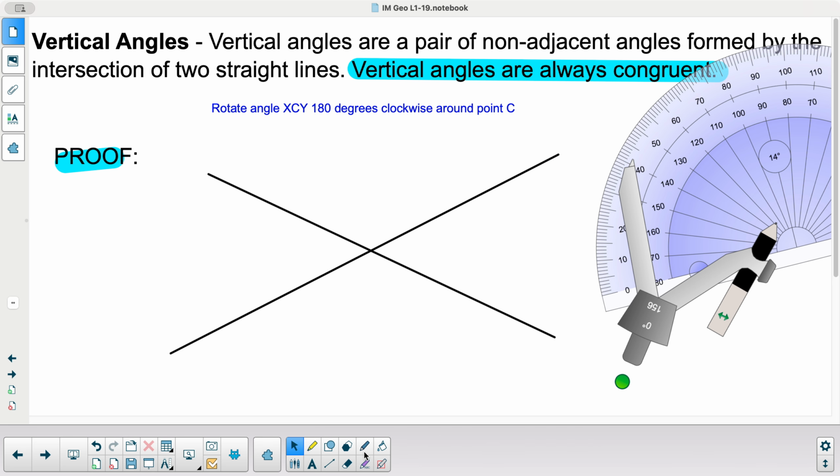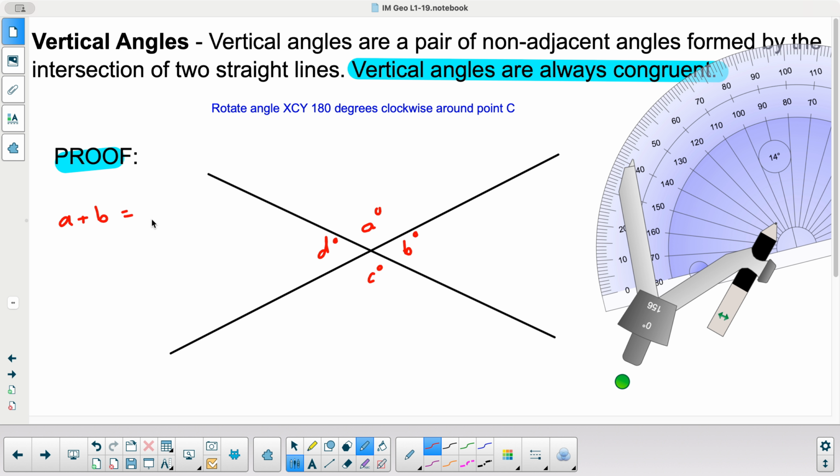All right, so if I just did this, let's call this A degrees, B degrees, C degrees, and D degrees. Okay, so we know that A plus B are a linear pair, so they equal 180. And then we know that B plus C is a linear pair, so those equal 180, right?